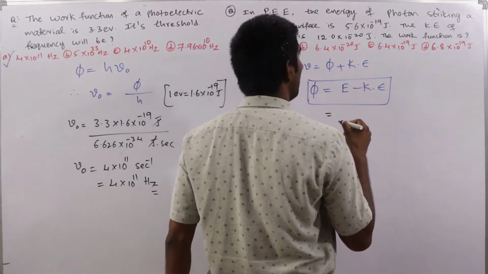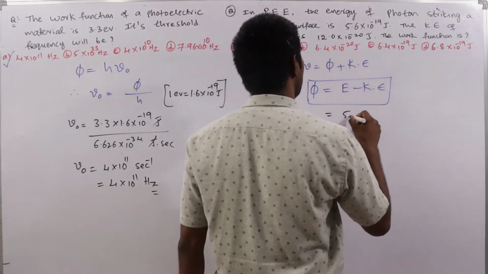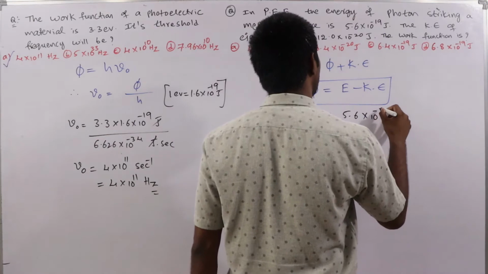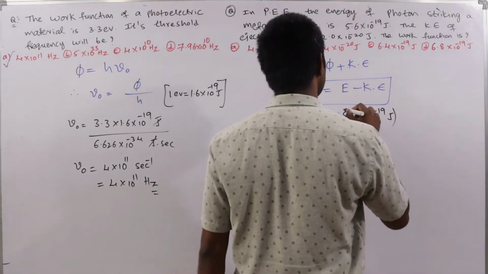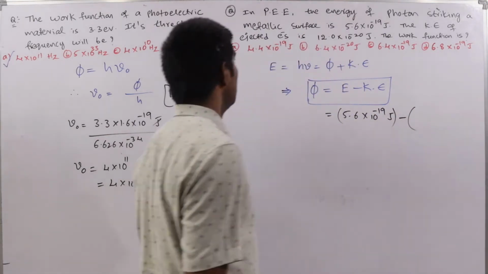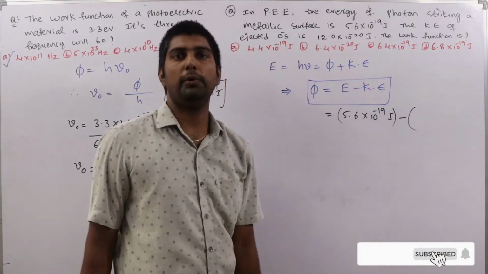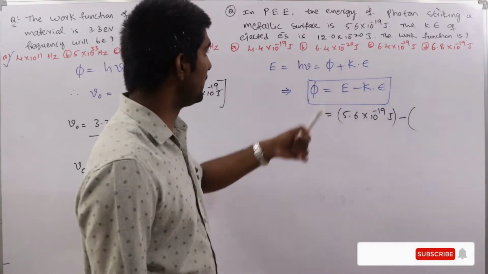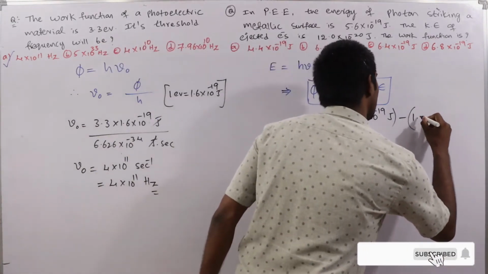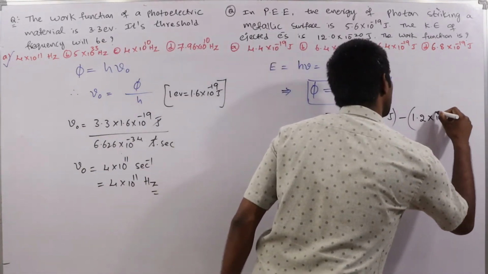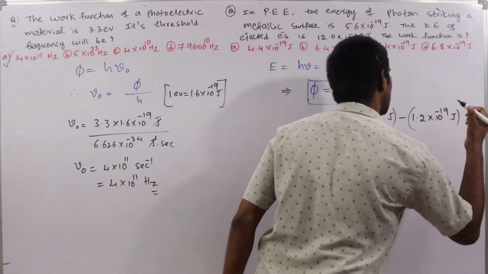Energy is provided as 5.6 into 10 power minus 19 joules, minus kinetic energy, which is given as 12 into 10 power minus 20 joules. That we can write as 1.2 into 10 power minus 19 joules.